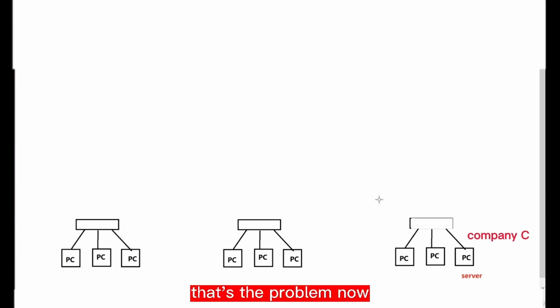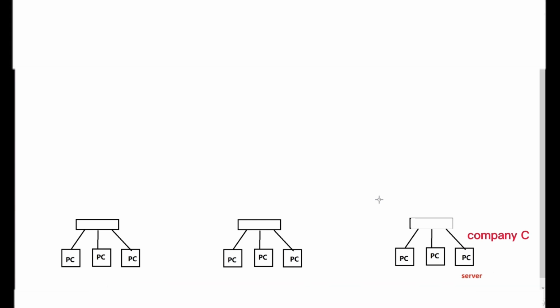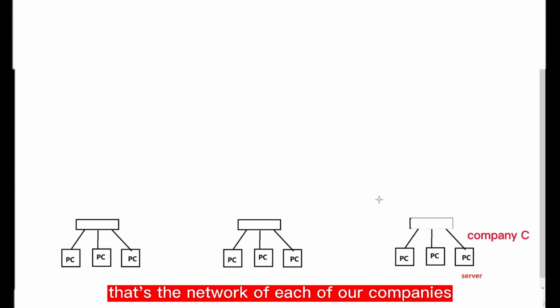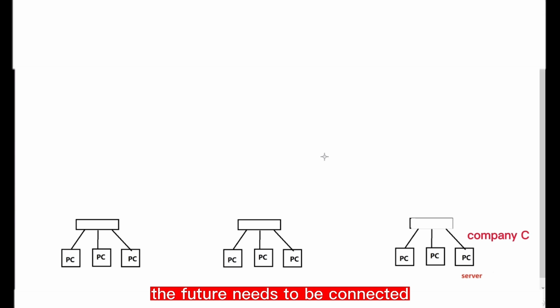That's the problem now. As we just said, between businesses, if we were really just building alone a small local area network, such a network range, then my business and other companies cannot communicate with each other. That's the network of each of our companies. In fact, in the future they need to be connected.